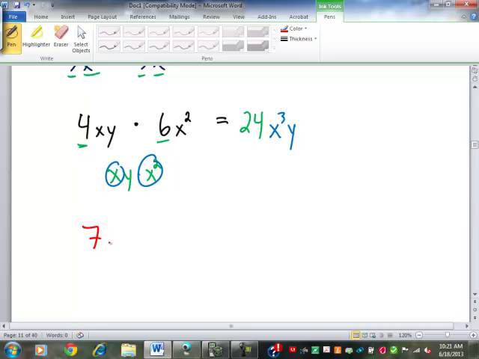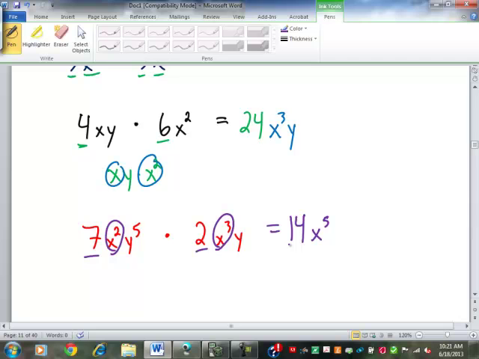So if we have 7x squared y to the fifth times 2x to the third y, we can combine the counts. 7 times 2 is 14. Then we can combine each of the names separately. Basically what we're doing is x squared times x to the third is going to be x to the fifth.